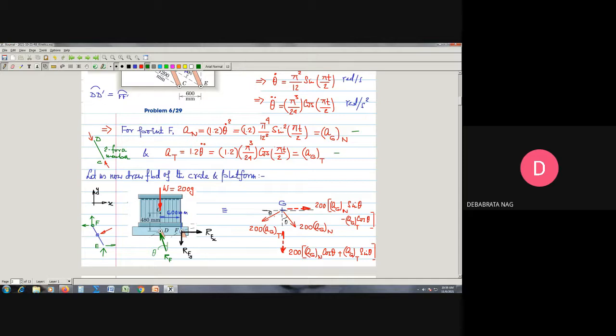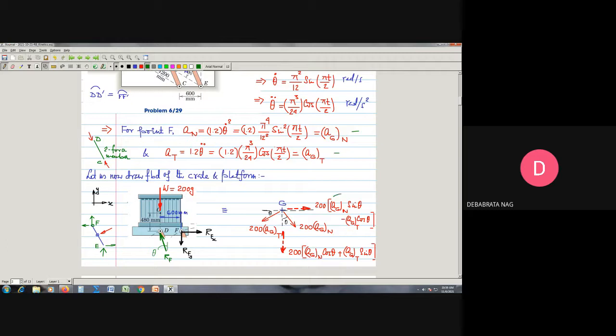These two acceleration components can further be written along the x direction, because this horizontal direction we have taken to be the x-axis, and this vertical direction we have taken to be the y-axis. So we can resolve these two acceleration components along the x and y directions.